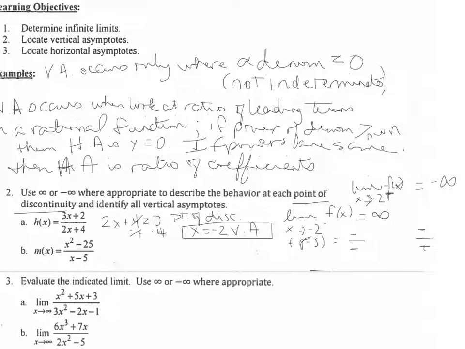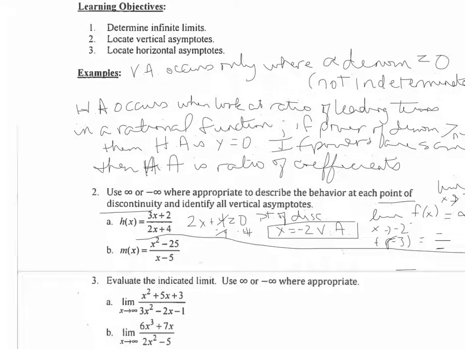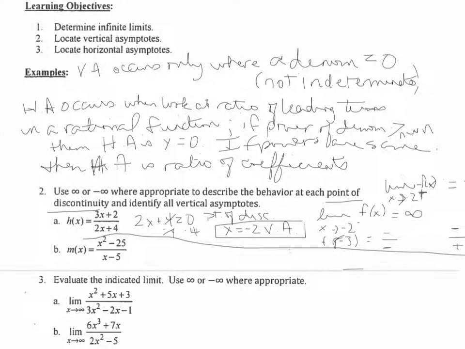And as far as horizontal asymptotes, do I have any horizontal asymptotes? Remember how to test for those? Look back up here. Horizontal asymptotes occur when you look at the ratio of leading terms. Pay attention to the power of the denominator and the numerator. Well, look at our first terms here. Is one exponent bigger than the other, or are they the same? They're the same. They're both raised to the first power.